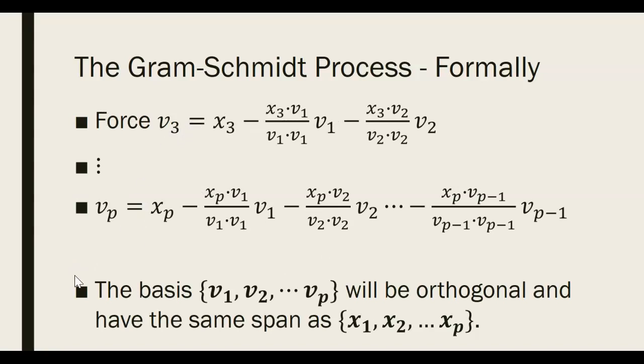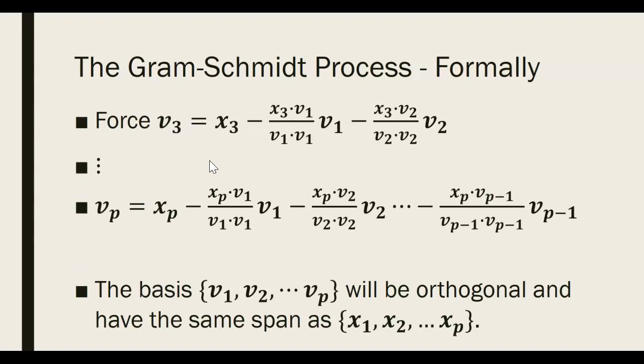When we go to v3, we let v3 be x3 minus the projection of x3 onto v1 minus the projection of x3 onto v2. Which again is the orthogonal component of the span of v1 and v2. So the component of x3 which is orthogonal to the span of v1, v2.